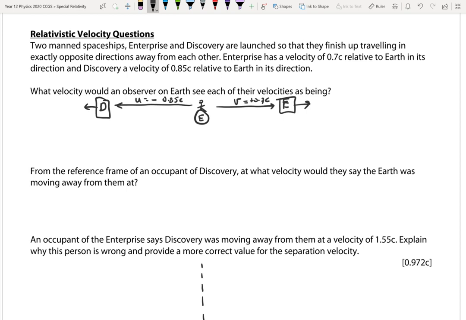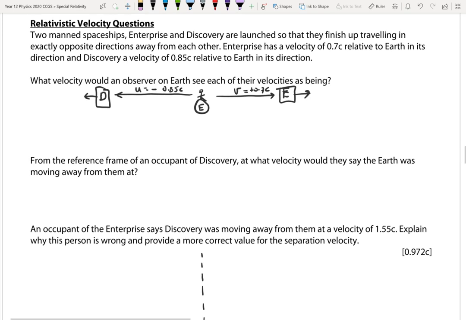We've just answered it. Okay, that's a trick question. Now, from the reference frame of the occupant of Discovery, what would be the velocity they say? Well, that's just the opposite. So I would say v equals 0.85c that way. That's easy.